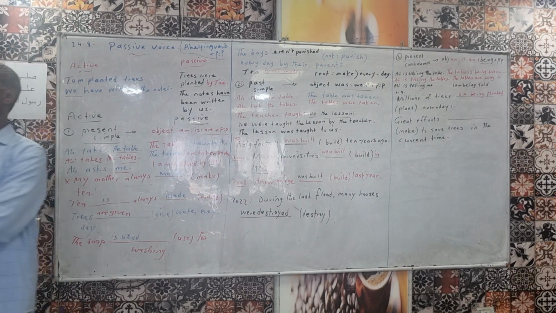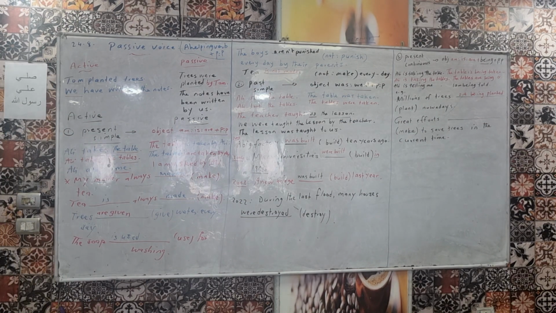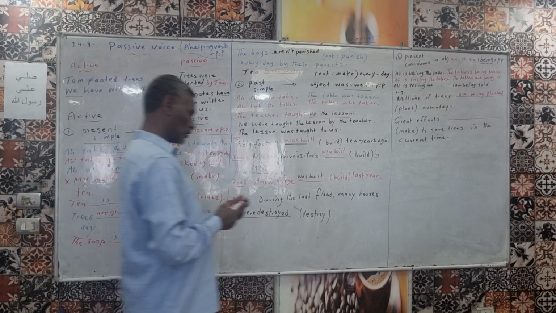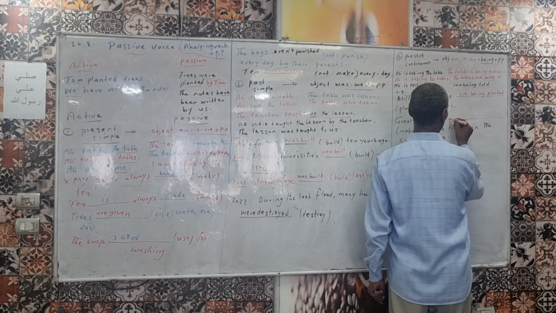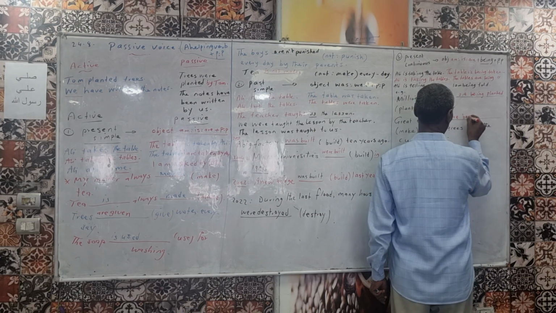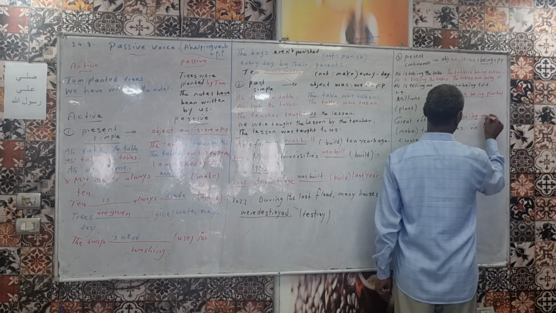Is it an active voice or passive voice? Passive voice. Why? Because we don't know the person who makes these or who is making these efforts. احنا ما عارفين الشخص اللي بيعمل المجهودات دي. So we say great efforts are being made. Are what? Are being made. Are being what? Made.